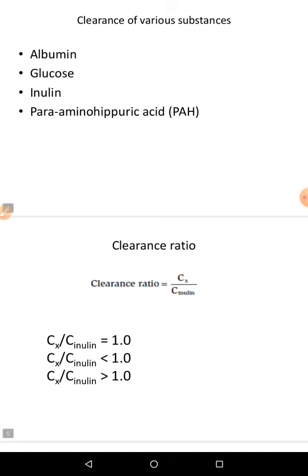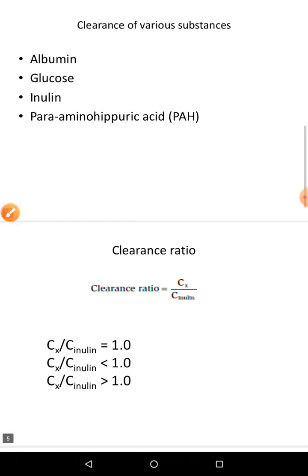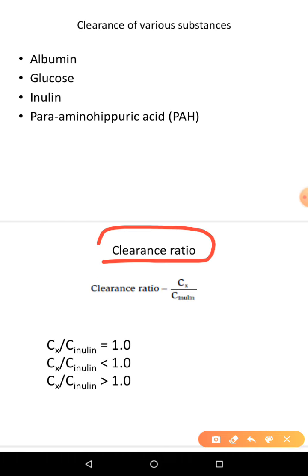Now there's this concept called the clearance ratio. If you remember, I said that inulin has unique properties, and it is accordingly the only substance whose clearance is exactly equal to the glomerular filtration rate. So inulin is our standard because the clearance of inulin is equal to the glomerular filtration rate.